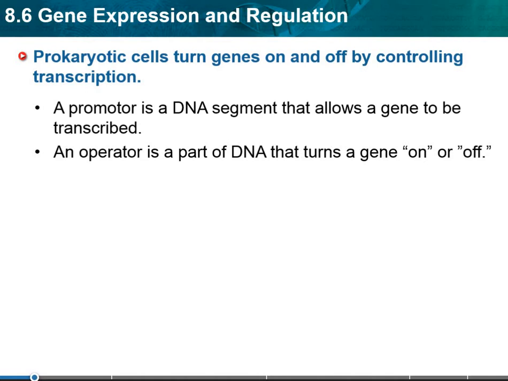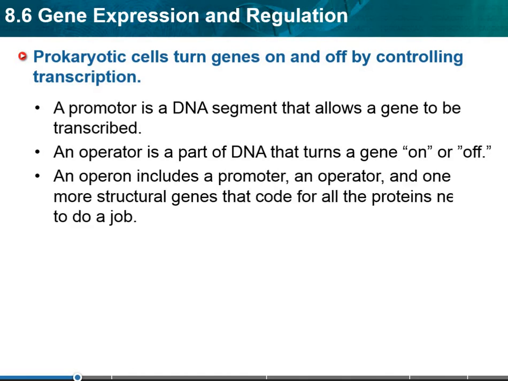An operon includes the promoter, an operator, and one or more structural genes that code for all of the proteins needed to do a job. So again, the promoter basically signals, here's where you attach. The operator is the spot that determines whether the gene is copied or not.